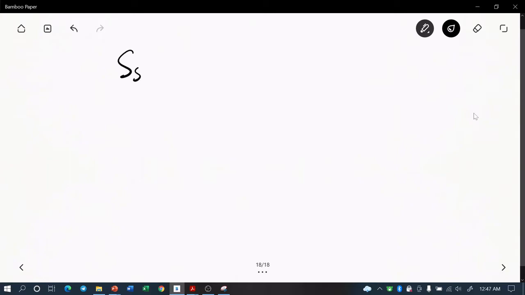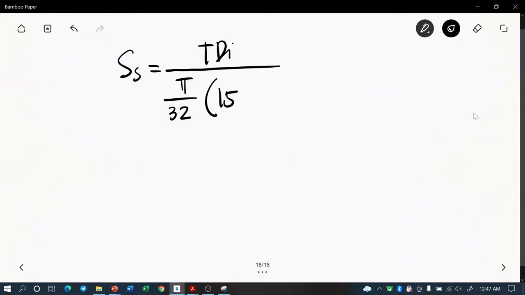Further, S sub S is equal to T d sub I over pi over 32 times 15 d sub I raised to the power 4. So we're going to cancel out one power of d sub I, and thus we have 3.